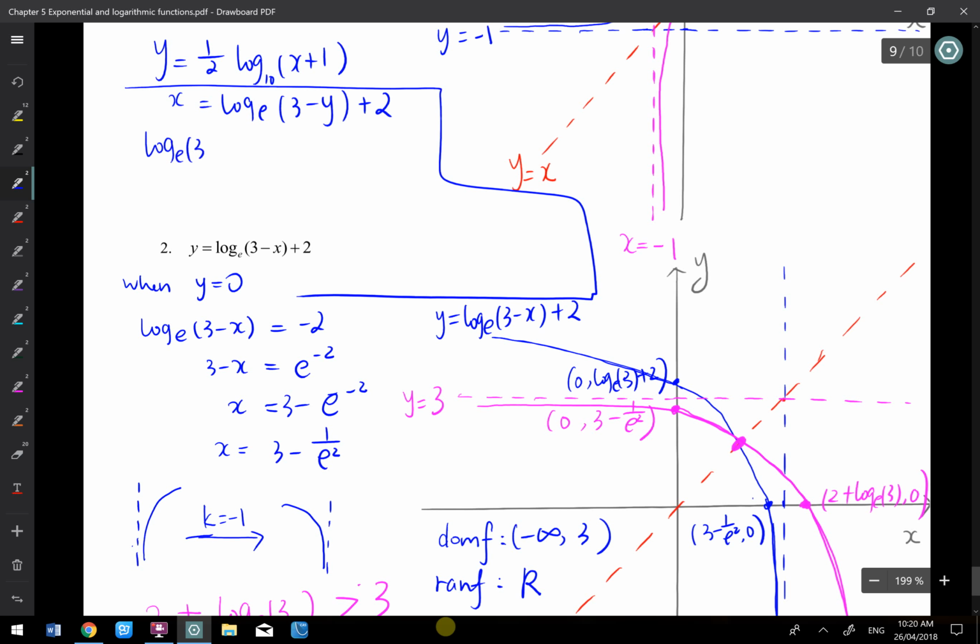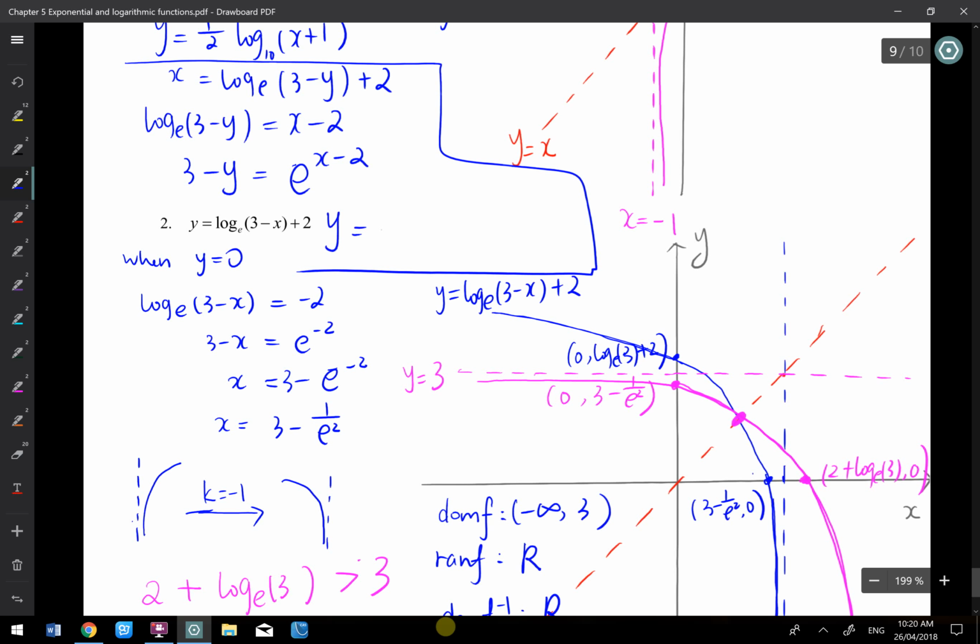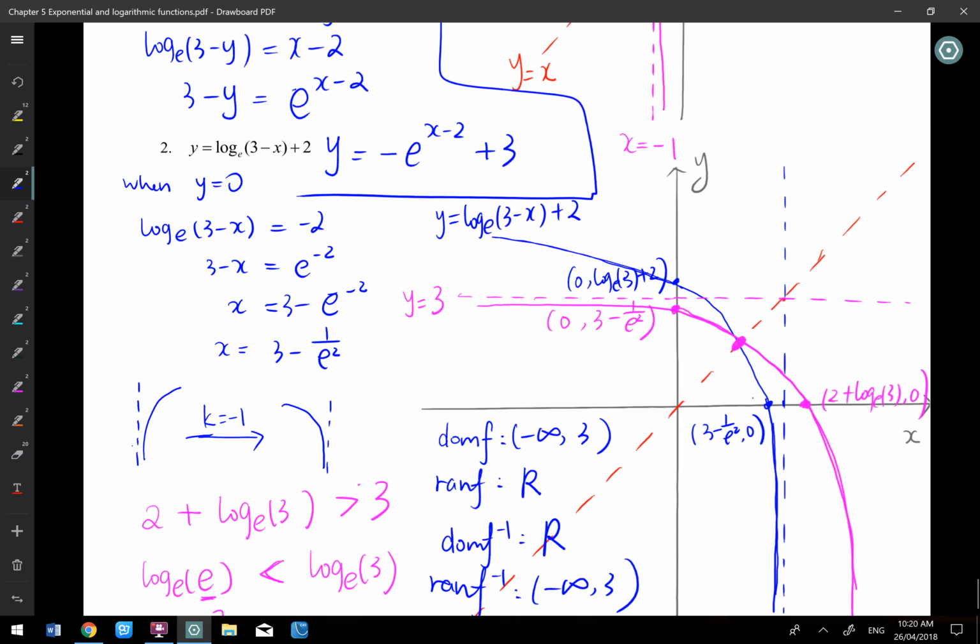Log base e of (3 minus y) equals x minus 2. 3 minus y equals e to the power of (x minus 2), and y equals minus e to the power of (x minus 2) plus 3. That's the inverse. So y equals minus e to the power of (x minus 2) plus 3.